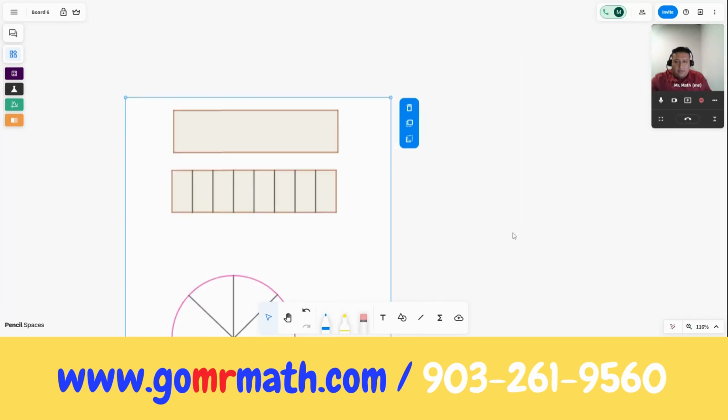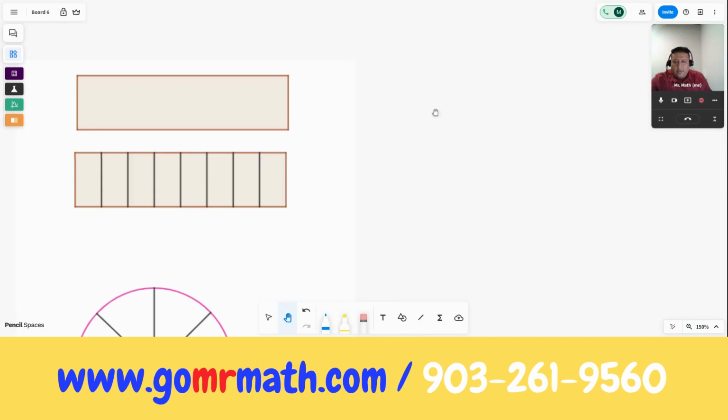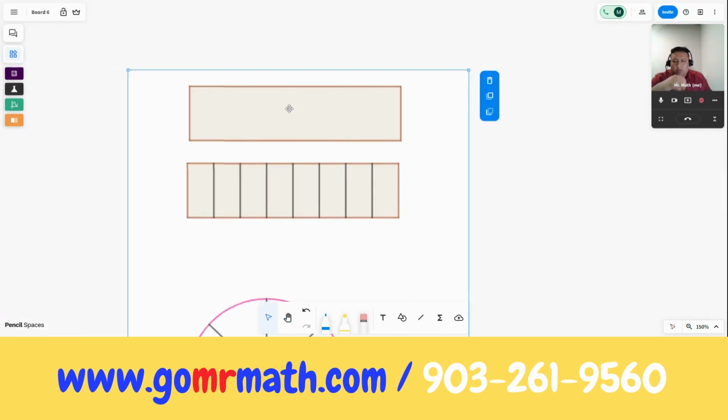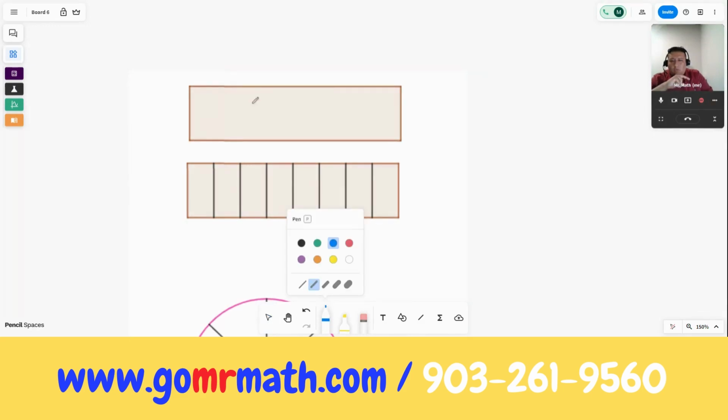Okay, let's talk about this one. This first rectangle here on top will be a unit. This is what we call 1 unit. We have not divided it into any pieces. Now, we'll look here. We have 1, 2, 3, 4, 5, 6, 7, 8 pieces.